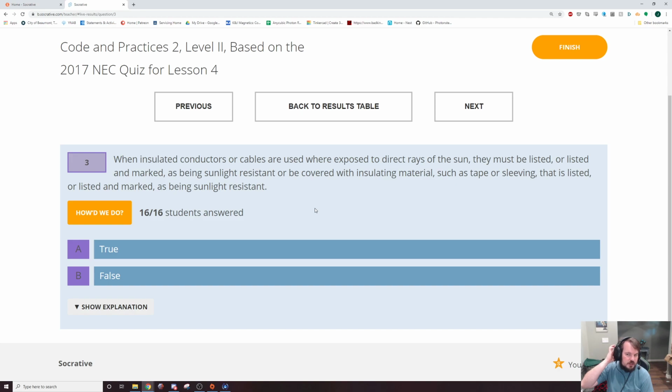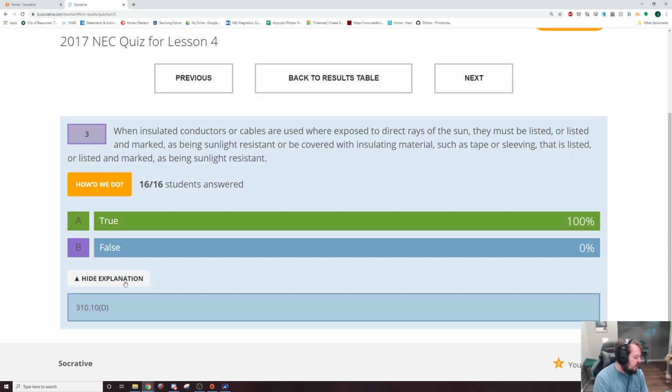When insulated conductors are exposed to sunlight, they must be listed and marked as being sunlight resistant or being covered with insulating material, such as tape or sleeving, that is listed. This seems true. 310.10(D).